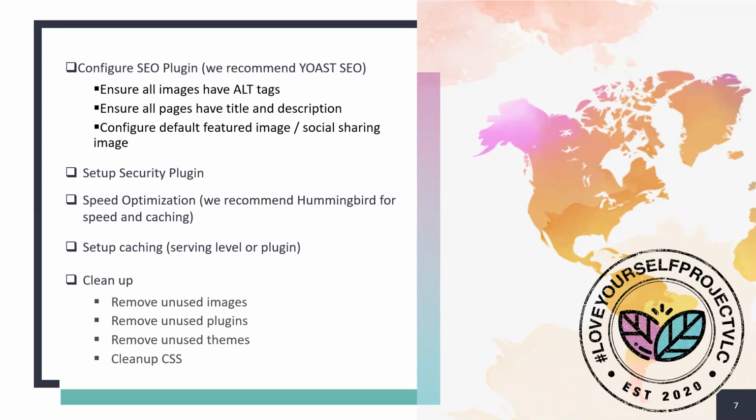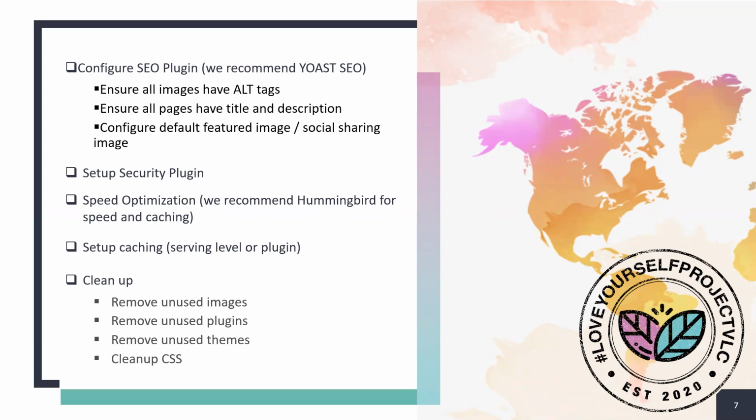You've set up a security plugin, and for this we use Sucuri Security. You've got your speed optimization checked. And for that, we use Hummingbird for both speed and for caching. And you've set up your caching both at the serving level and your plugin.